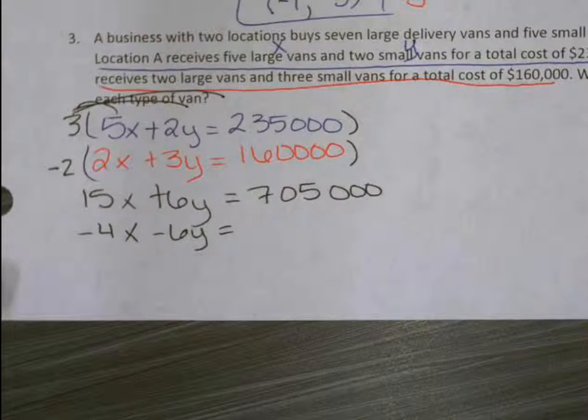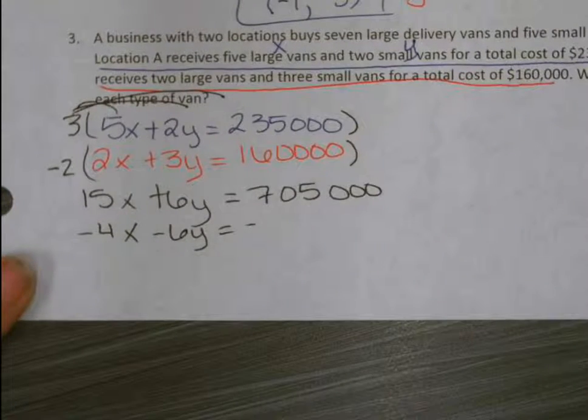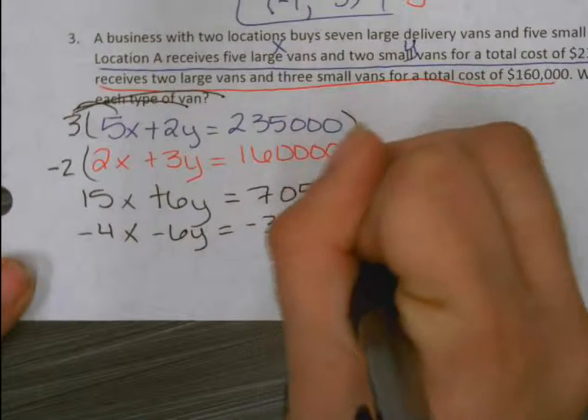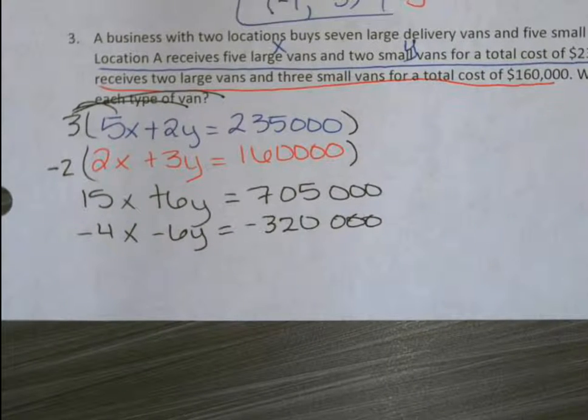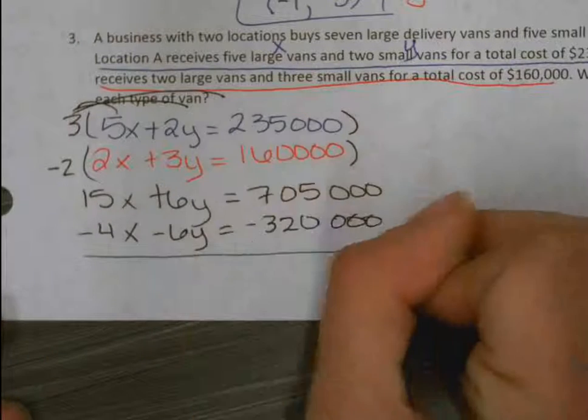Negative 2 times 160,000 is negative 320,000. So, questions on my black equations? Now I can add straight down.